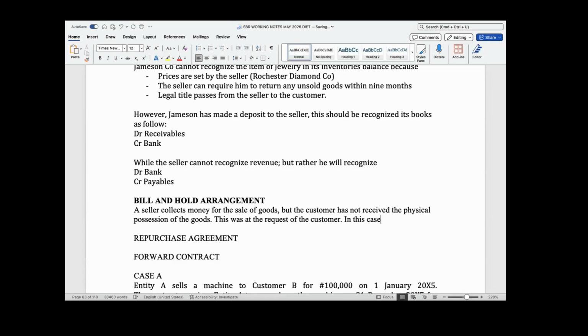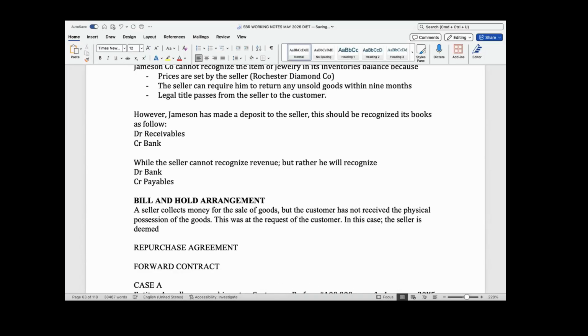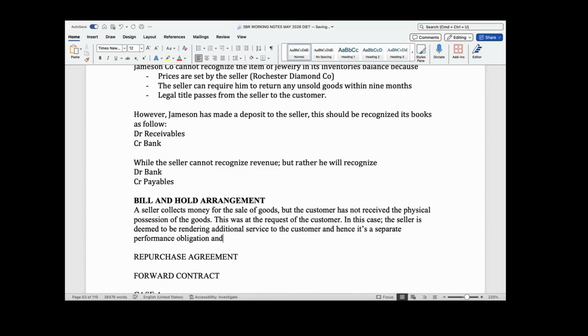So in this case, the seller is deemed to be rendering an additional service to the customer, and hence it is a separate performance obligation, and revenue should be recognized separately on this service, usually like a warehouse service.